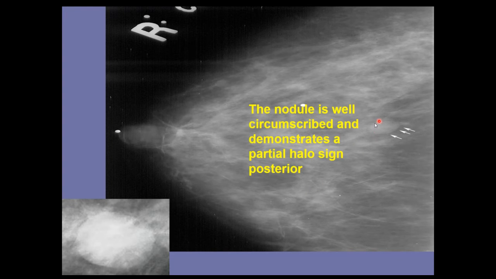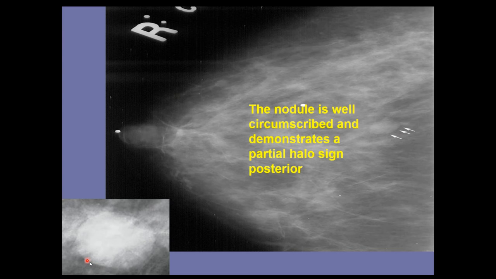This is a very well-defined benign oval-shaped nodule, and you can visualize that it is well defined. To some extent, the halo sign may be complete or may be incomplete also. So it is not necessary that whenever you see a halo, it will be a complete halo sign.